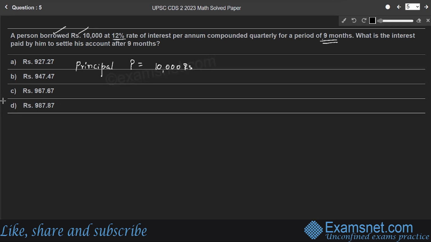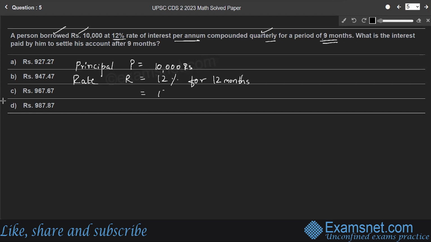The rate of interest is 12% per annum. Here interest is compounded quarterly for a period of 9 months. So first we need to find the rate of interest quarterly. Quarterly means for a period of 3 months. 12% per annum means for 12 months the rate of interest is 12%.